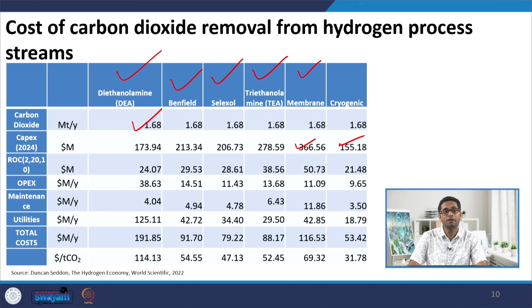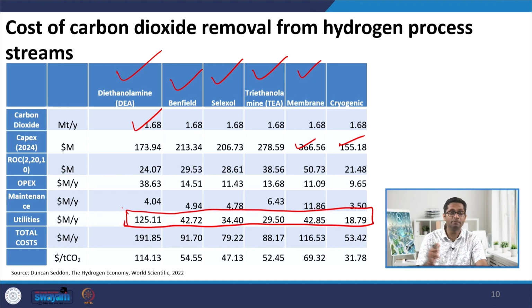And again, if I have to calculate the return on capital, that is similar to the earlier case, wherein I would have 2 years of construction, 20 years of operation and 10% as the discount rate, I would see that there is a significant capital charge. And then comes the operating expense, maintenance expense, but again utilities are quite significant here. So by utilities I mean the energy or the water that would be needed for the capturing process.